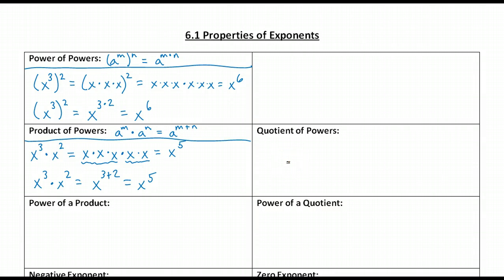Quotient of powers. In order to do the quotient of powers, I'm going to have a quotient. I'm going to have division. So if I look, I have x to the 5th power as my numerator. I'm going to expand out x to the 5th, over x to the 3rd power.